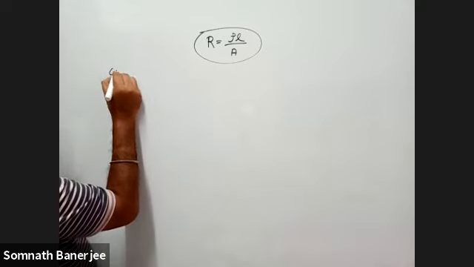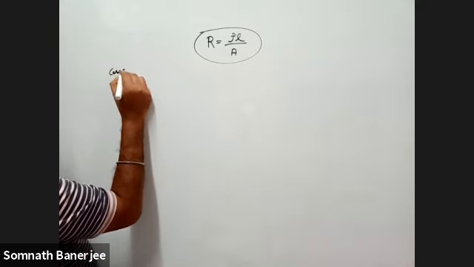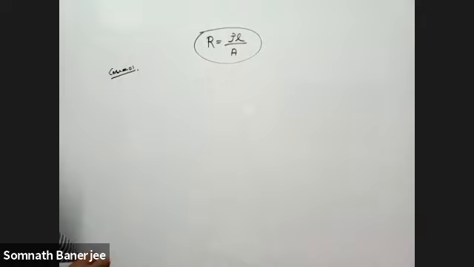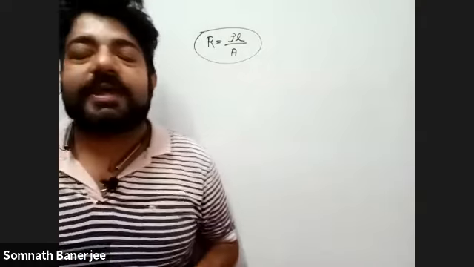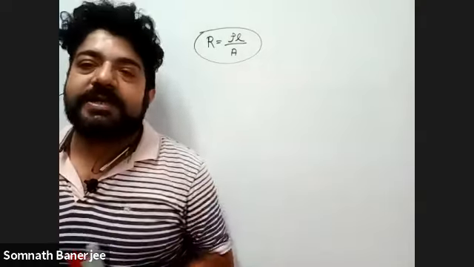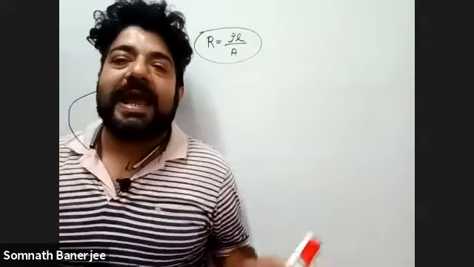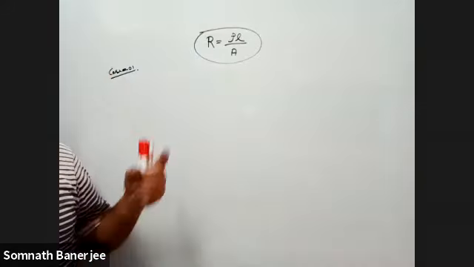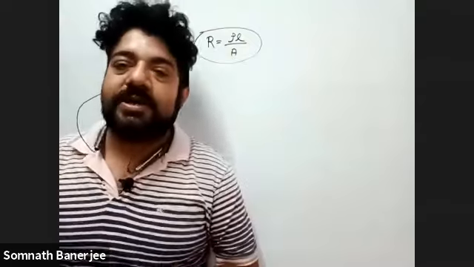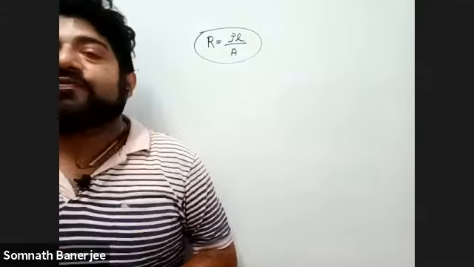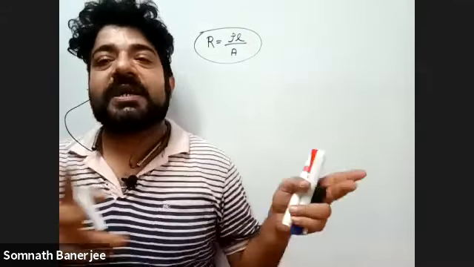Now case one, in which we cut a wire in n equal parts, or add a wire, means either its length decreases or increases, but without stretching, means you just cut it.